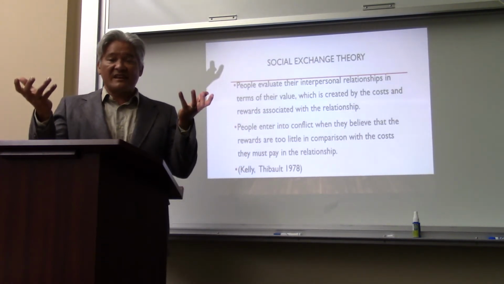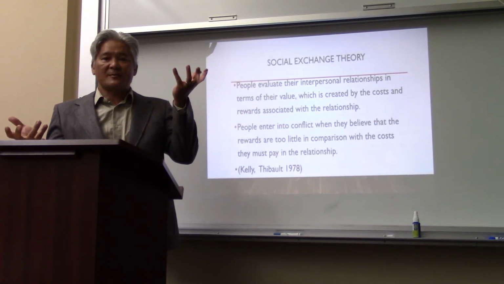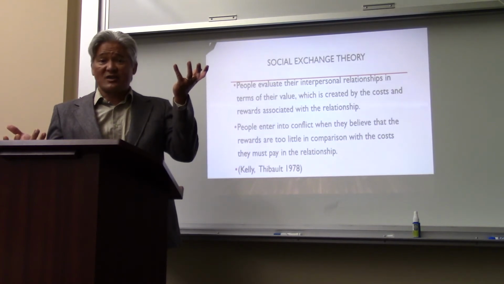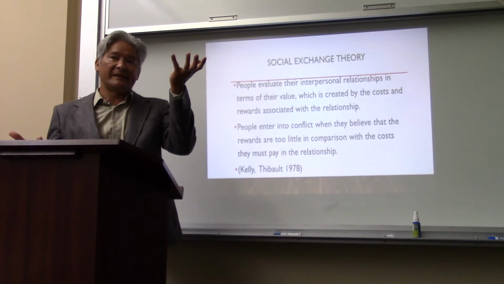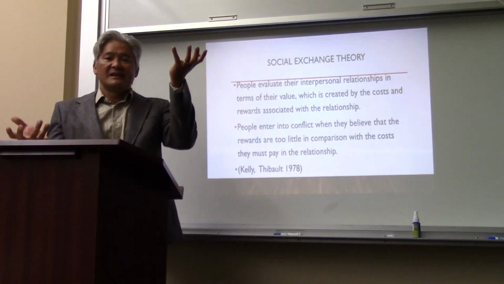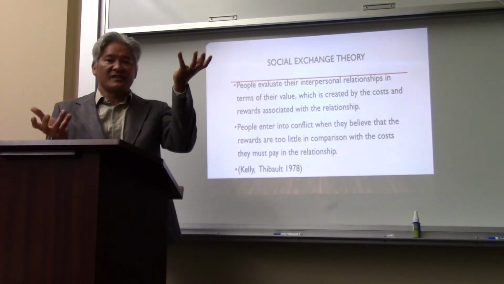Maybe you always have to lend them money. Maybe you always have to drive them around. Maybe they lie to you and you can't trust them. And the rewards, well, they're kind of fun and they like the same movies you like.